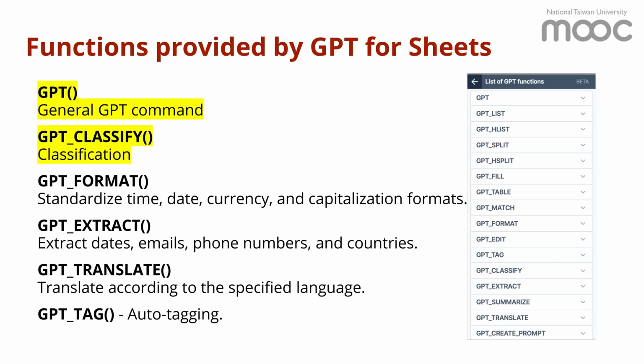Let me explain the function of GPT for Sheets and its relation to OpenAI. The extension GPT for Sheets primarily encapsulates queries similar to what you did on ChatGPT. It converts this query into a function for use in Google Sheets.